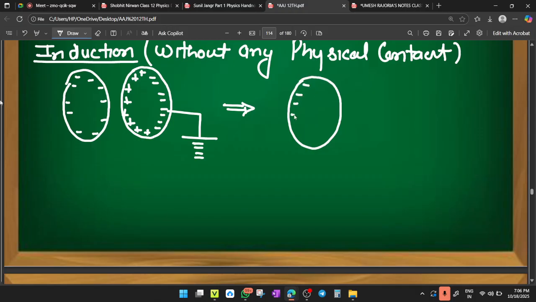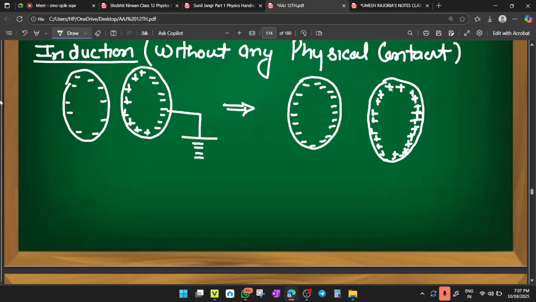The negative charge has spread all over, and as the negative charges are grounded, only positive charges are left on the body. All the positive charges, nothing negative. So this is induction, induction charging. Understood?